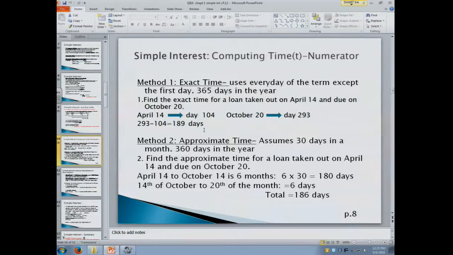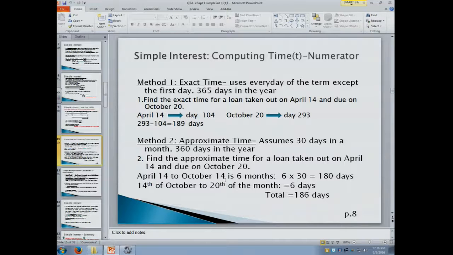Sometimes the bank might not say exact time. They will say approximate time. When they say, or the equation says approximate time, you assume 30 days in a month. So let's look at the same example. April 14th, due on October 20th. We will calculate April 14th to October 14th. April 14th to October 14th is 6 months.